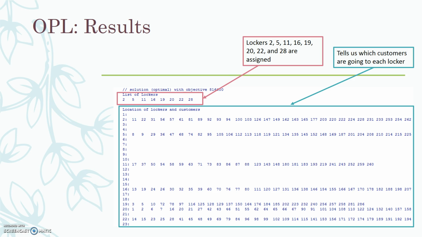But this tells us which customers are assigned to which lockers. If you look in the first line, customers 11, 22, 31, and so on are assigned to locker 2. And then if you go down to locker 5, you have customers 8, 9, 29. And it just continues like that for all of the customers.